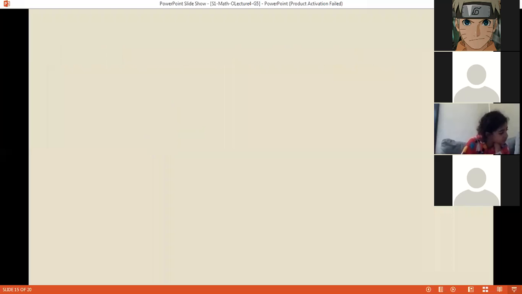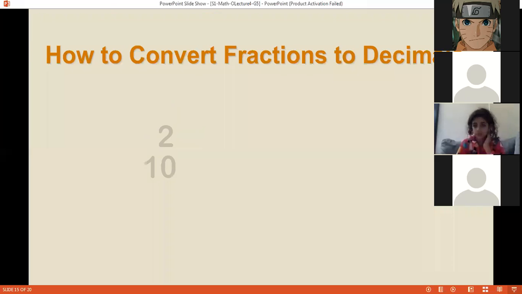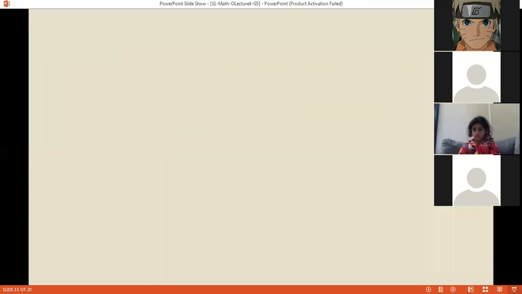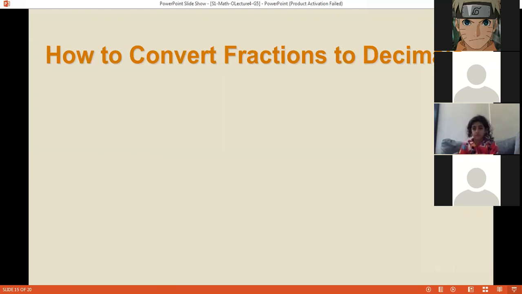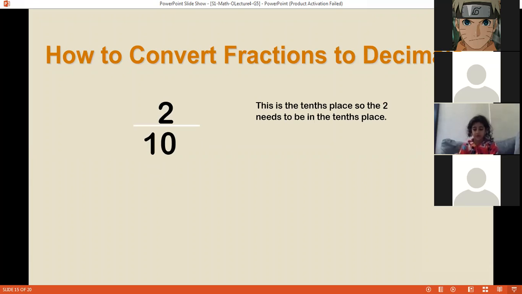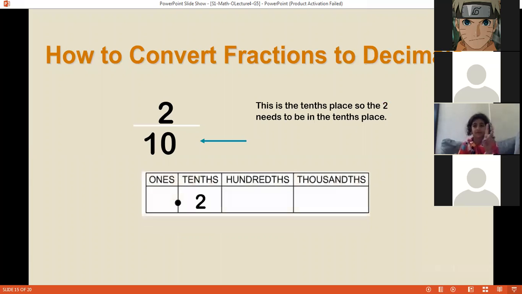Like for example 1/2, 1/3. 2 tenths. Bravo Hussein, it's 2 tenths. Excellent. So the 2 is in the tenths digit, so this number is 0.2.